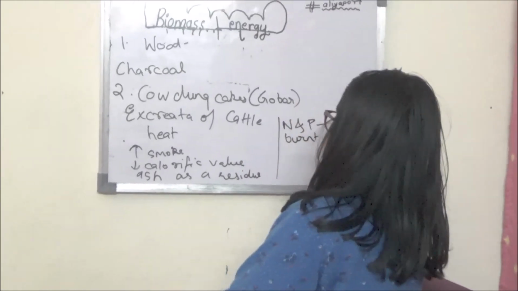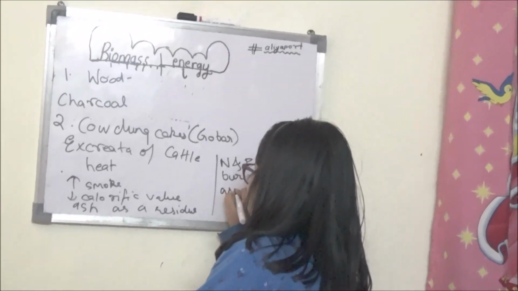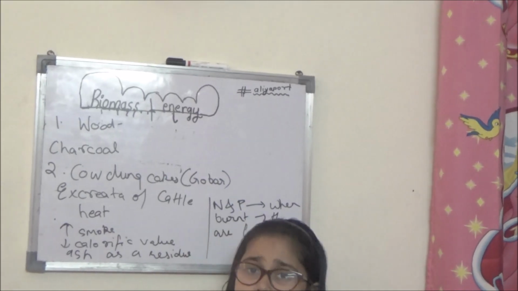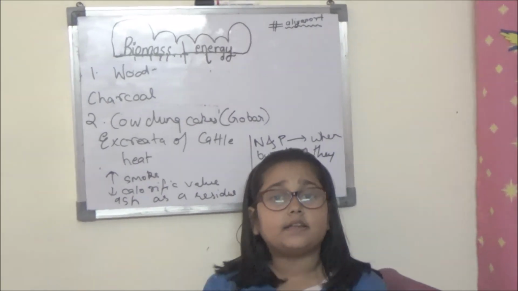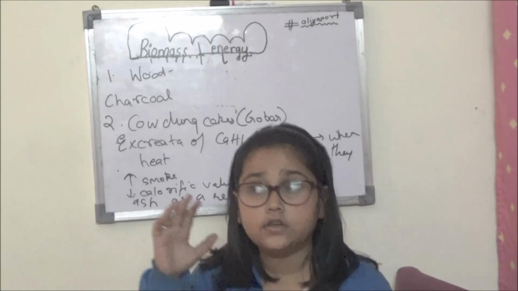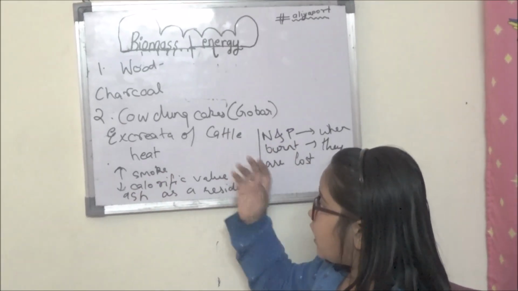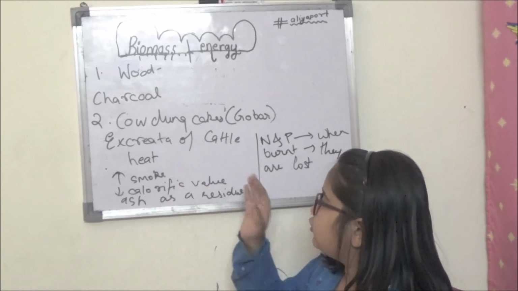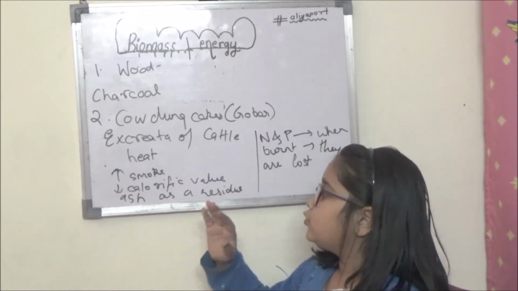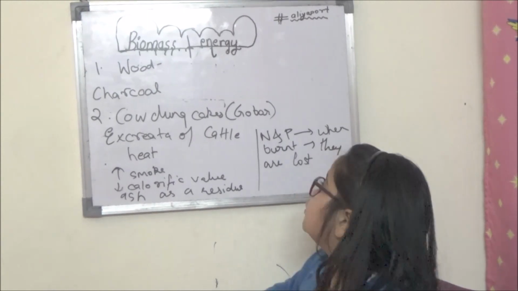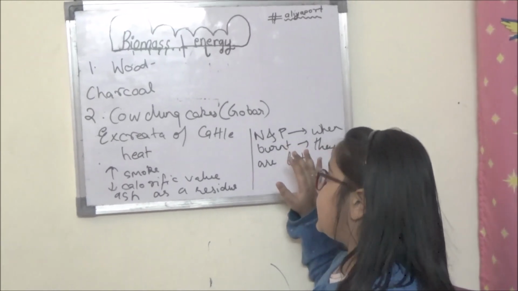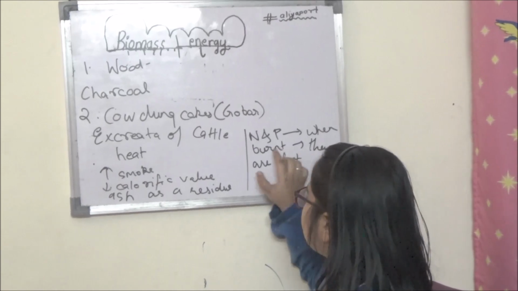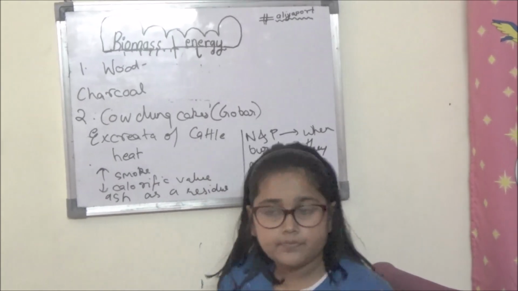How are they useful to us? Because they act as nutrients for the soil and they increase the fertility of the soil. So when we burn cow dung cakes, there are many limitations: it produces more smoke, it has low calorific value, it produces a lot of ash as a residue, and the elements like nitrogen and phosphorus are lost.